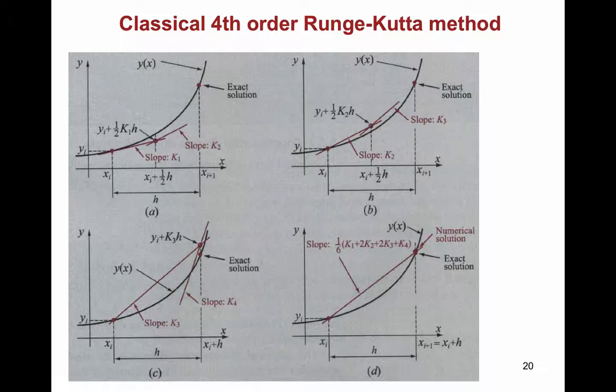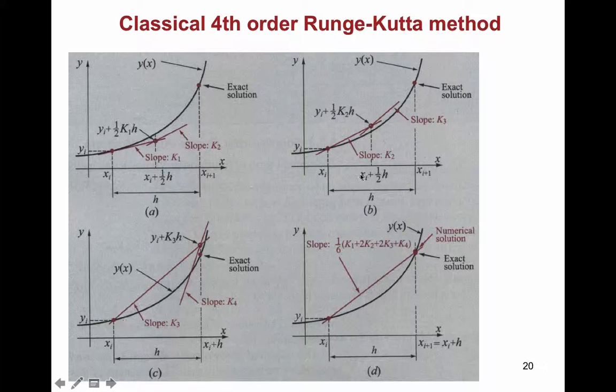So I take that as a second slope, k2. And I look at what that slope would be here at the function. Excellent. So I now take this slope, and I also take it halfway to this point. And I also find what the slope is using f at this point, and that gives me slope k3.